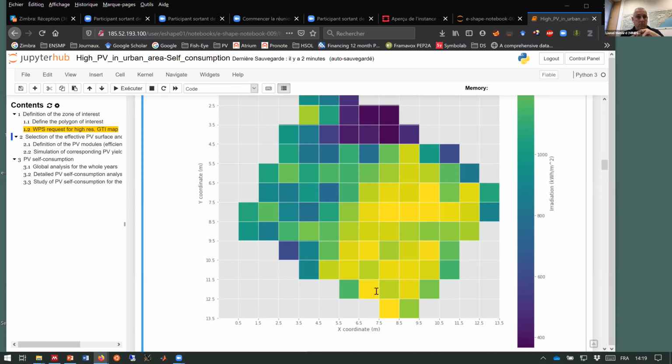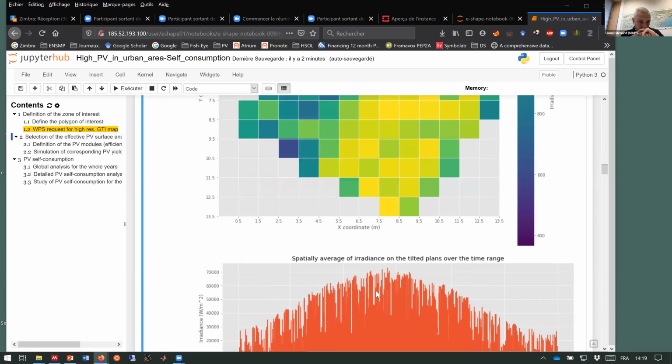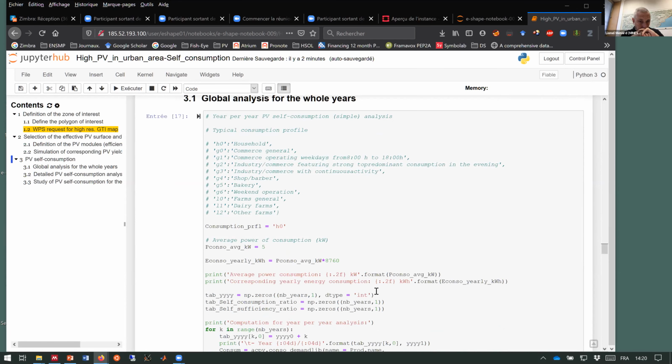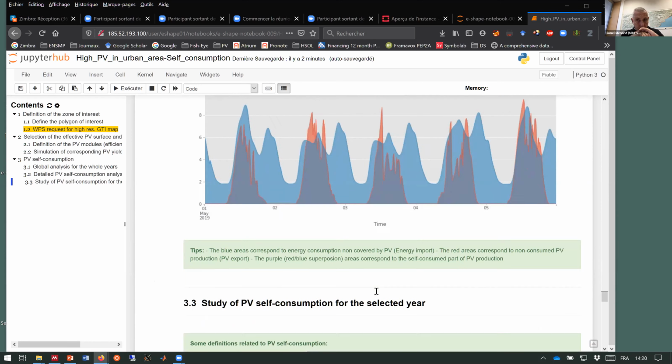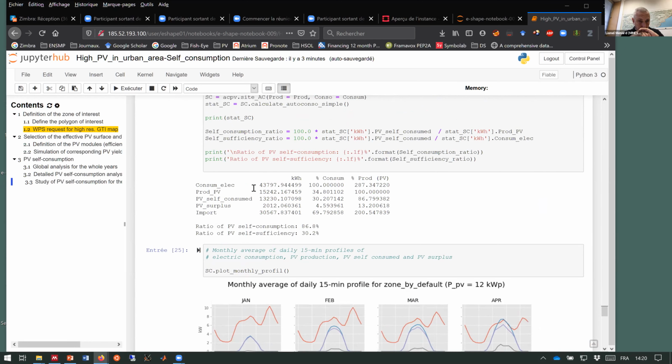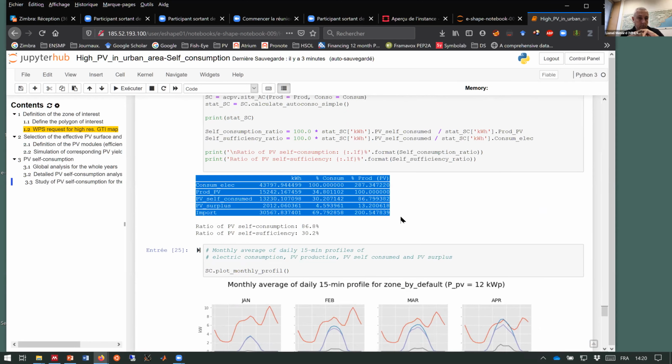And from the code from Romain, you get a very fine analysis of your PV self-consumption, up to this type of table.